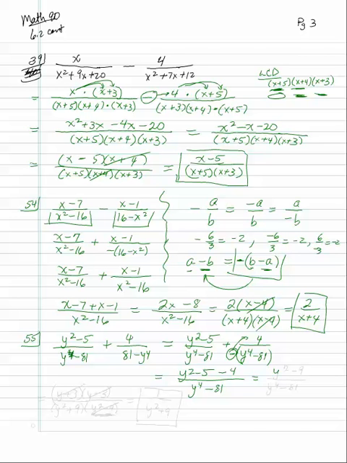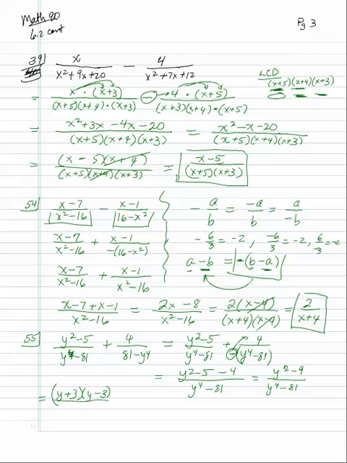Which gets me y squared minus 9, and the bottom is y to the fourth minus 81. The top's a difference of squares, so we're going to get y plus 3, y minus 3.